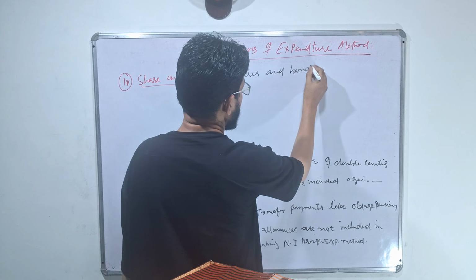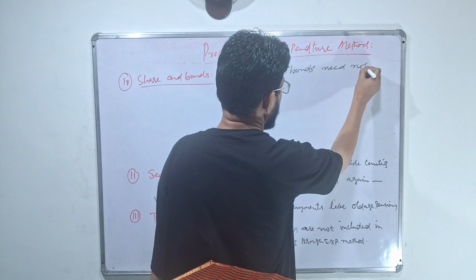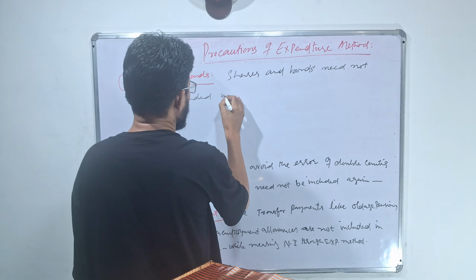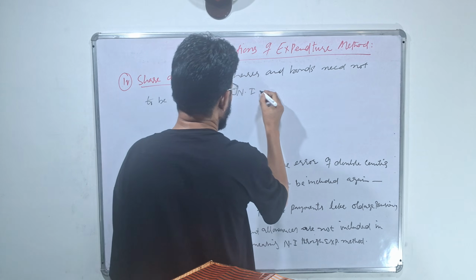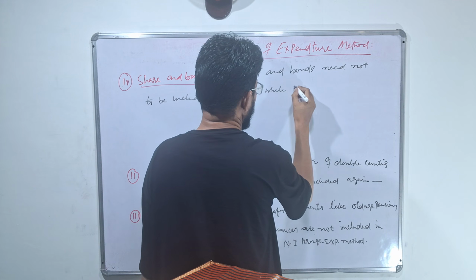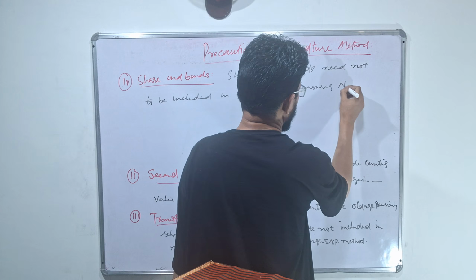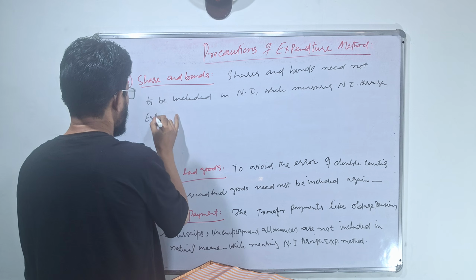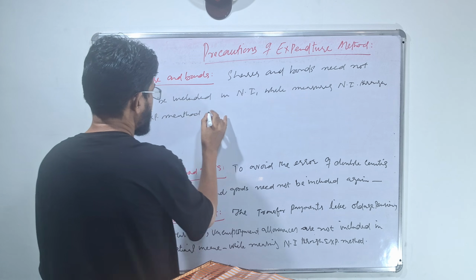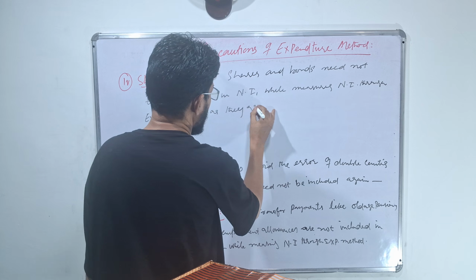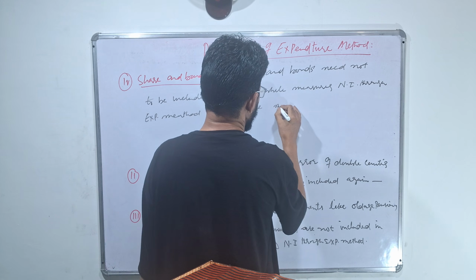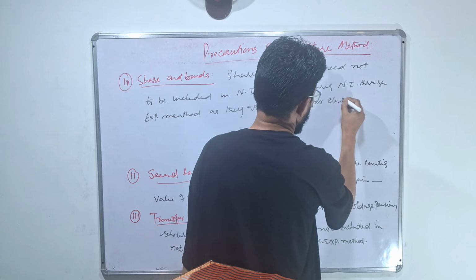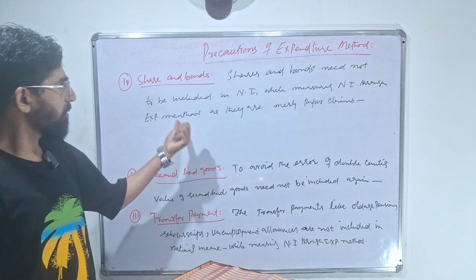Shares and bonds need not be included in national income while measuring national income through the expenditure method, as they are merely paper claims.